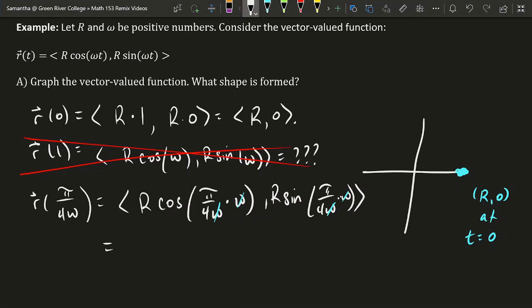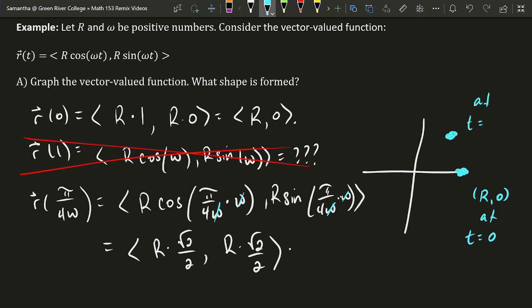And so that would be located in the upper right corner of the unit circle. Root 2 over 2, root 2 over 2, each one multiplied by this number r. So that would be up here, r units away from the origin at time pi over 4 divided by omega.